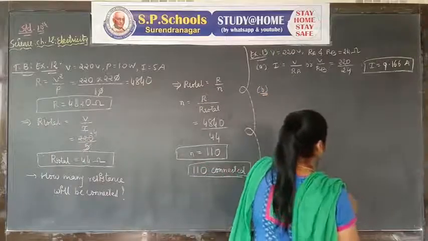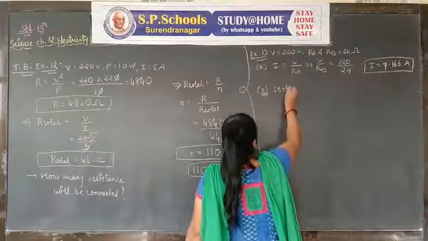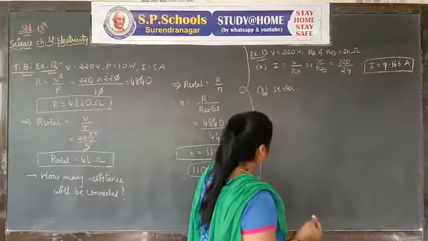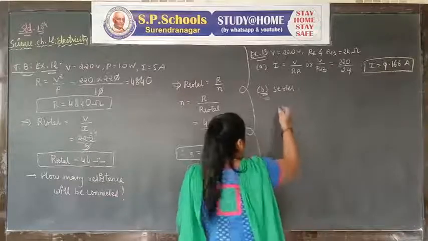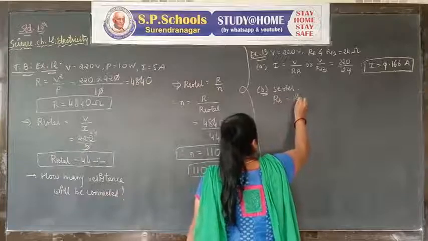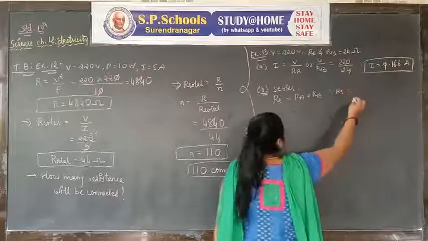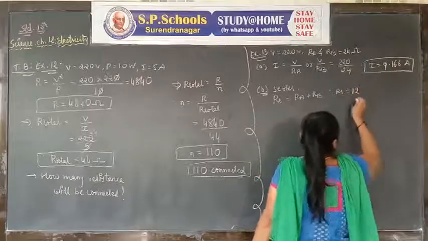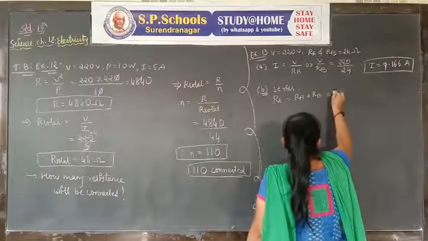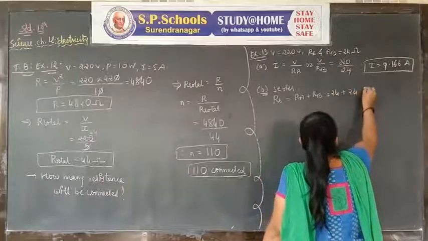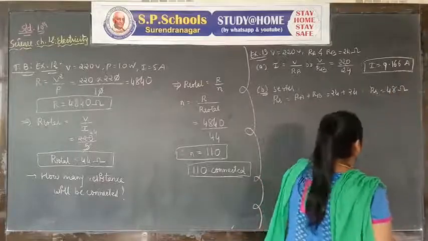If the resistances are connected in series, we know the equivalent resistance in series is the sum of all resistances. So Rs is equal to Ra plus Rb. So Rs is equal to 24 plus 24, so Rs is equal to 48 ohm.